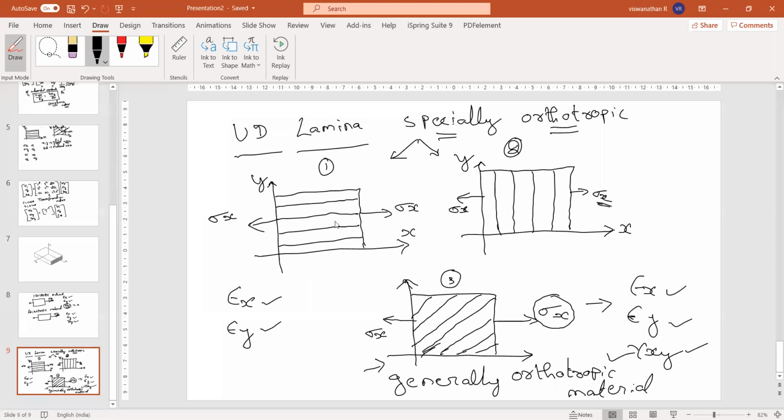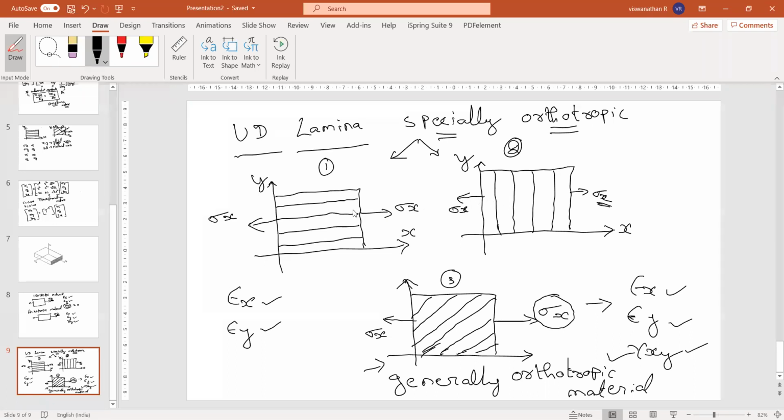These two cases, first and second. Isotropic, what did we say? If you have extensional stress, you have extensional strain only. You don't have shear strain. Is that the same case here also? Yes, sir. Okay. So this is like isotropic.